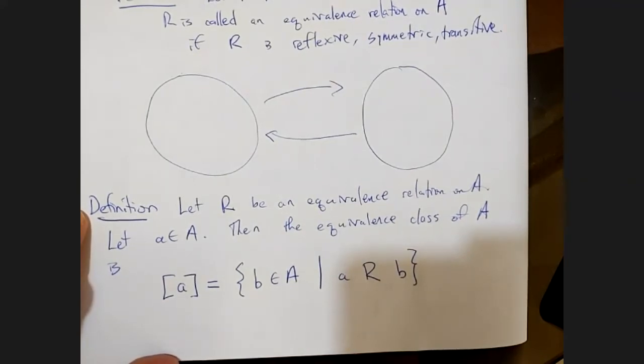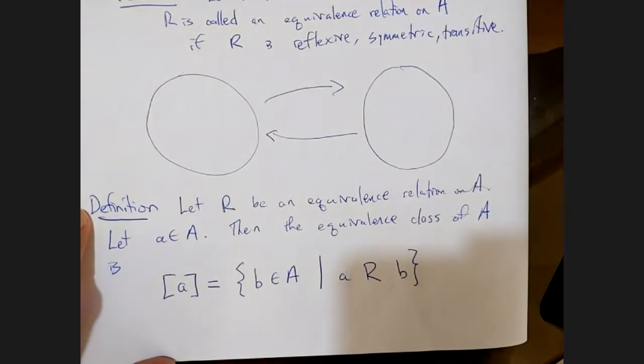Okay. So that's the equivalence class. Of course, you see that the equivalence class of a is a set by the axiom scheme of comprehension, but that shouldn't be surprising to you at this point.